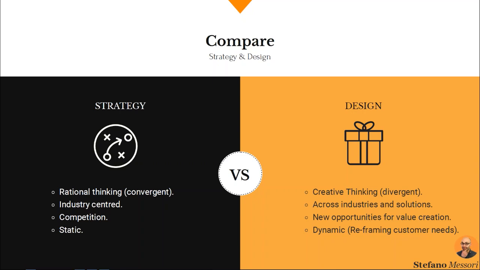Most of the time you think about your industry when you think about strategy. In fact, one of the most used tools in strategy is the industry analysis, and it is focused on competition. You study your competitors, their moves, and it is static in the way that you take a snapshot of the industry and then make your analysis based on the current situation of the industry.